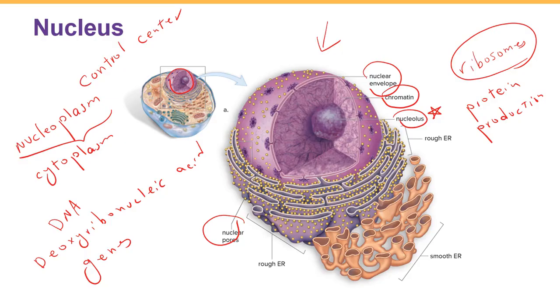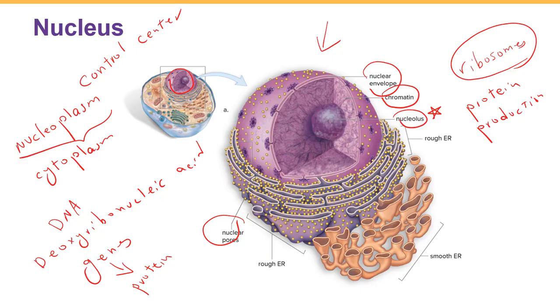That is the reason we say the nucleus is the control center, because DNA really controls almost everything that happens inside of the cell. So inside of the nucleus we have DNA. DNA has genes, and a gene has instructions for production of protein, and then proteins are responsible for most of the cell's structure and activity.